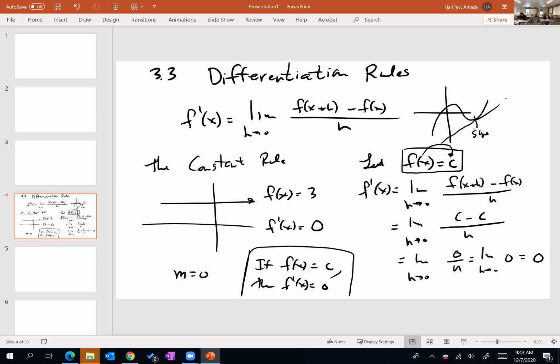The other way of writing it is d/dx of c is equal to 0. So there's another way of writing it. Kind of two different notations depending on how you want to say it. In function notation, or we call it implicit notation.